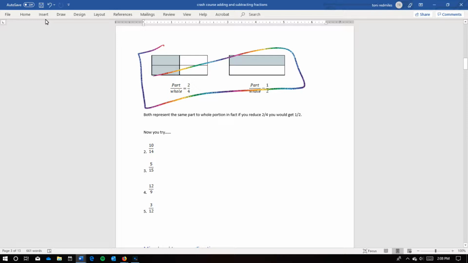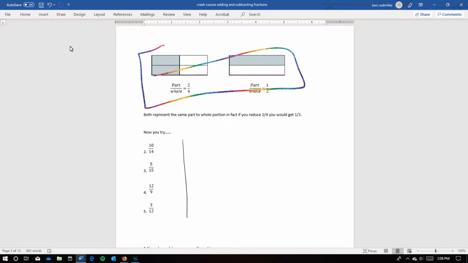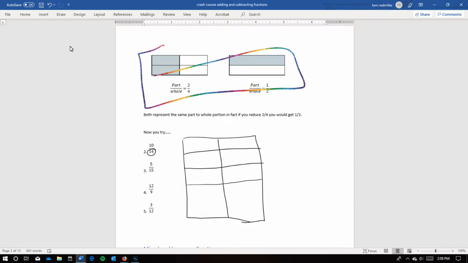So for this first one, this number 2, I'm going to use the whole space to model it, okay? To model it, first, the bottom part of the fraction tells me the whole parts that make one whole thing. So in this one, it's 14. 2, 4, 6, 8, 10, 12, 14.